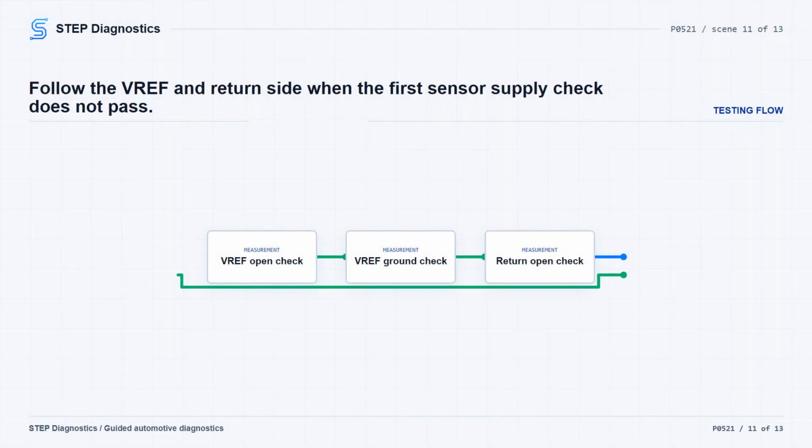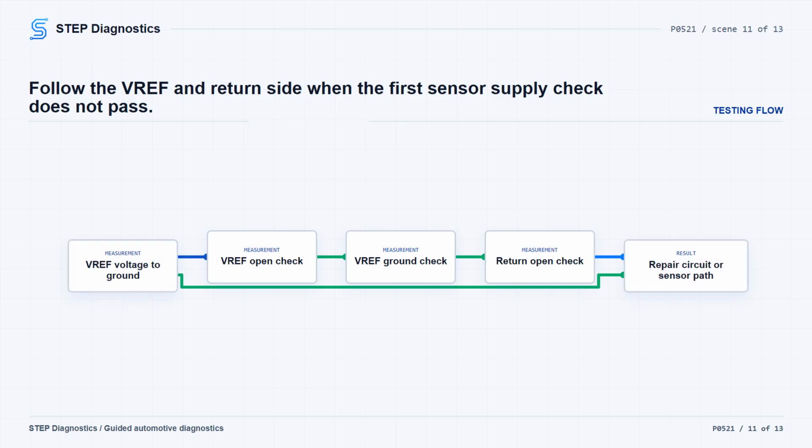Then check VREF for a short to ground by measuring C1652 pin 3 to ground. If resistance is greater than 10,000 ohms, move to the sensor return circuit. If it is not greater than 10,000 ohms, repair the circuit. For the return circuit, measure C1652 pin 2 to C1233E pin 112.